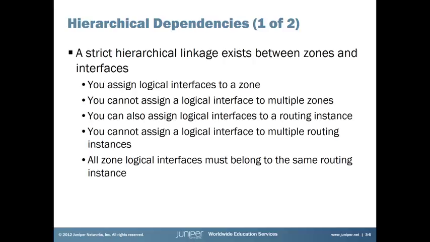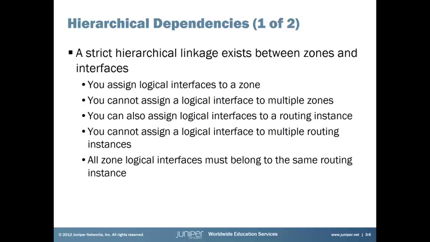So you can assign a logical interface to a zone, but you can't assign it to multiple zones. So you can't have an interface being in more than one zone. Of course, you can have a logical interface unit 0 on a physical interface in one zone and another logical interface on the same physical interface in another zone. Yes, you can do that. That's fine.